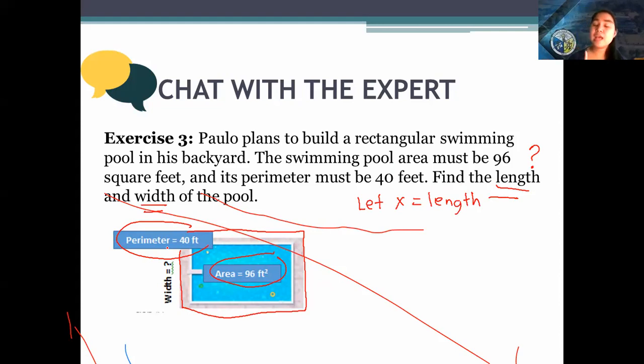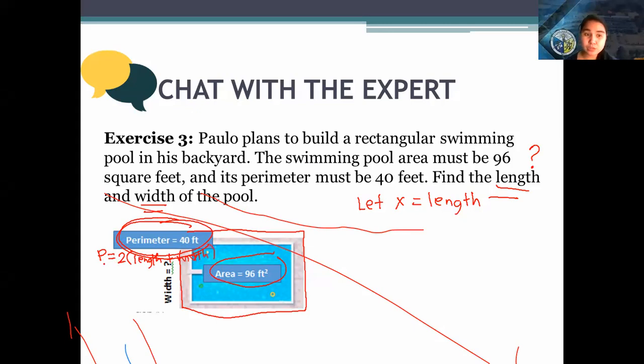You listen. If both the perimeter and the area are given, you solve the width using the perimeter. Remember, the perimeter is equal to twice the length plus the width.